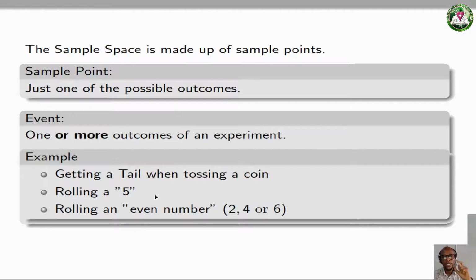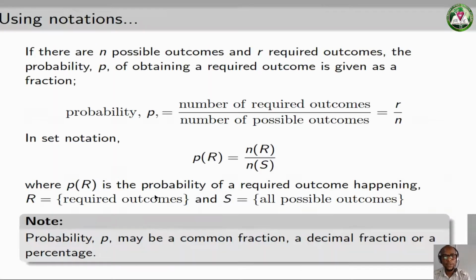Then just picking a head is a sample point, or just taking a tail is a sample point as well. Then event is defined as one or more outcomes of an experiment. For example, getting a tail when tossing a coin, rolling a 5 on a die, rolling an even number. We know even numbers. Even numbers that exist on the die are 2, 4, or 6. So those are examples of events.